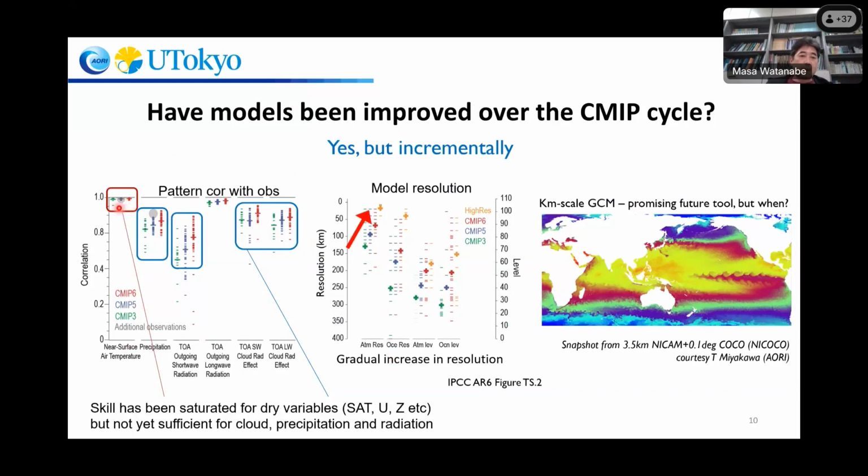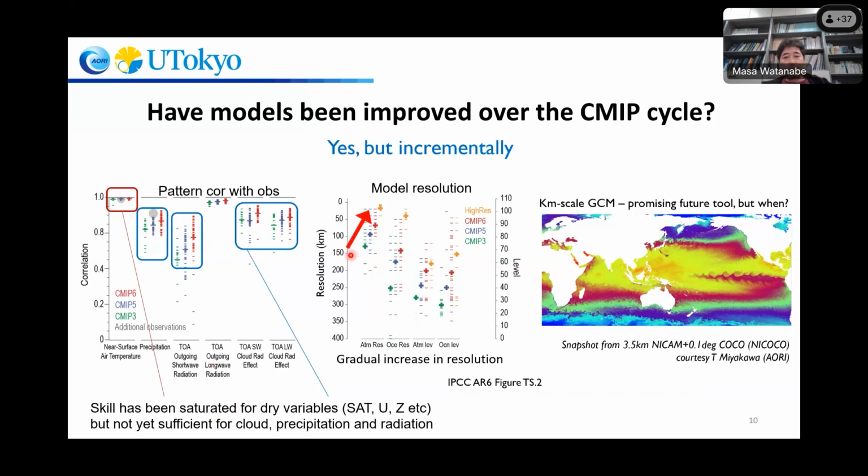You see that the correlation is almost 1 for some variables such as the surface air temperature or zonal potential height, but other quantities such as precipitation, the radiation, and the clouds still have much room to improve, and the improvement may not be as large as we expect.